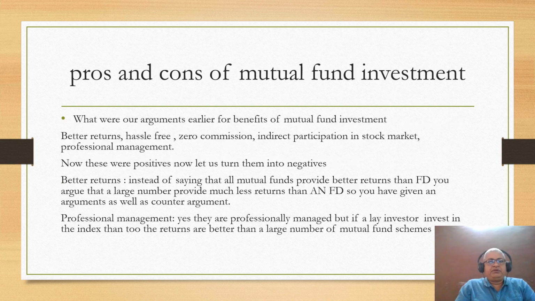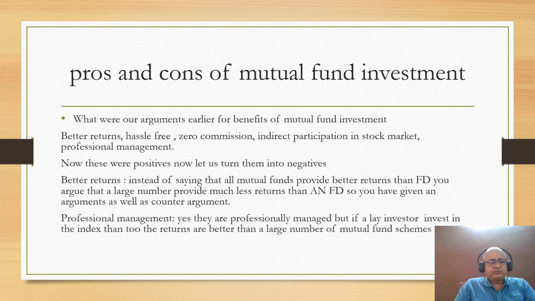For example, if the topic is pros and cons of mutual fund investment, right? When we took the topic as the benefits of mutual funds, the arguments we took were better returns, hassle free, zero commission, indirect participation in the stock market, professional management. All these we took as the benefits of mutual funds.